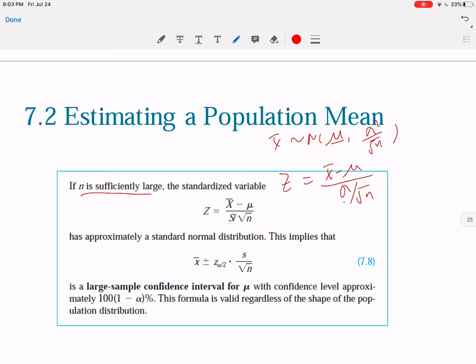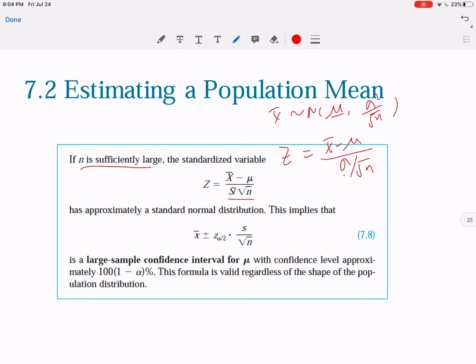Let's do this again. Z is equal to x bar minus mu, all over the sample standard deviation divided by square root of n. And this standardized variable has an approximately standard normal distribution. This implies that the confidence interval would be x bar plus or minus this margin of error.